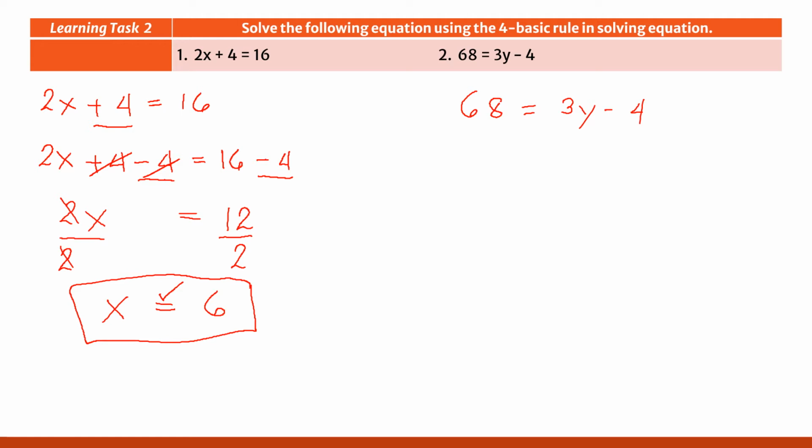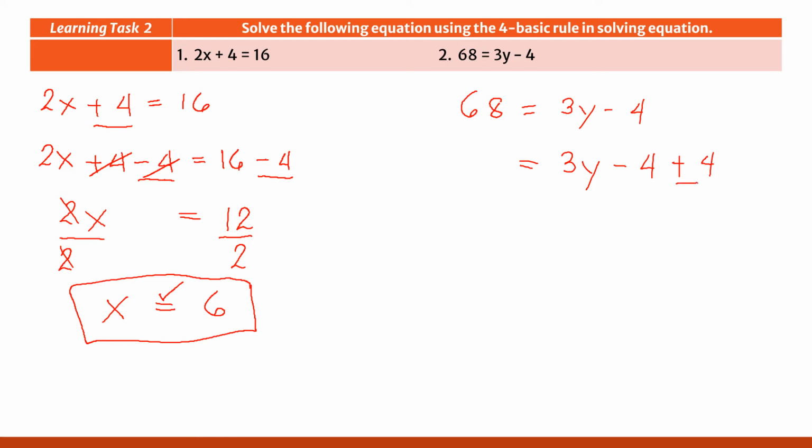At meron siyang kasama na minus 4 or negative 4. To remove this constant term, negative 4, ano ang kanyang opposite? Anong opposite ng negative 4? Obvious na ang opposite ay positive 4.